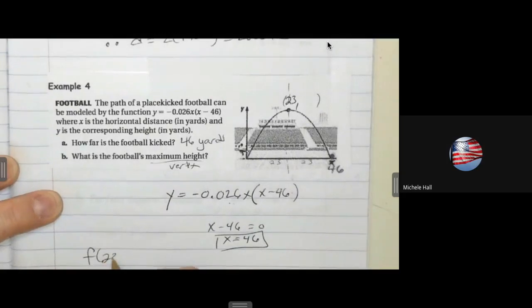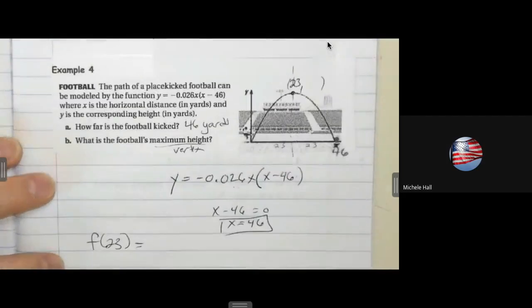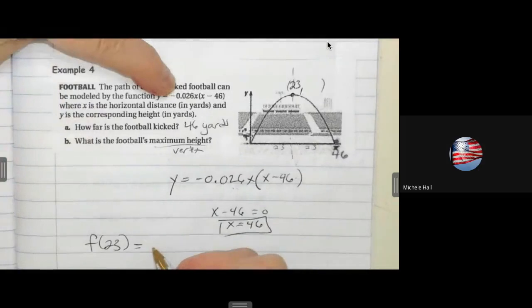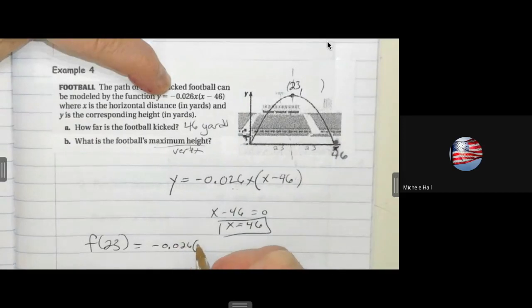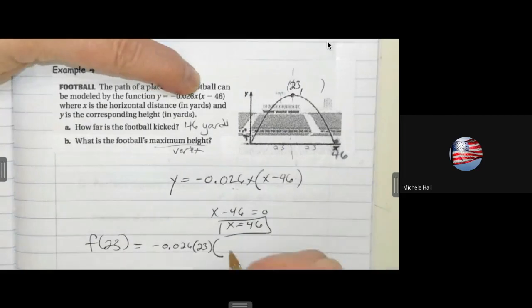f of 23, substituting in my x to my formula, which would be negative 0.026 times that x, 23. Then I have another parenthesis of 23 minus 46, substituting in the x value of 23.